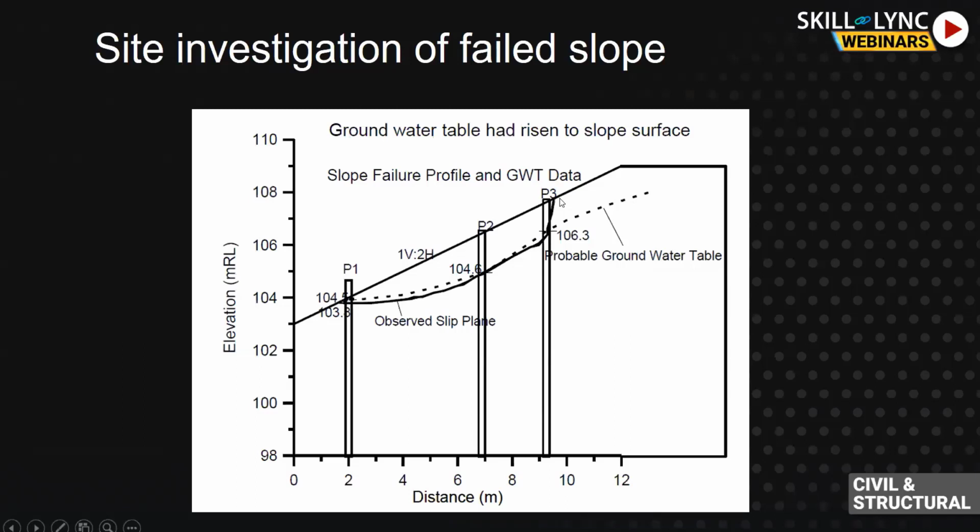As I mentioned, it was about 1 to 1.5 meters, in some places more than 1.5 meters. This was identified based on visual observation from the site. So as we can see, the probable groundwater table and the slip plane are both very close to each other.